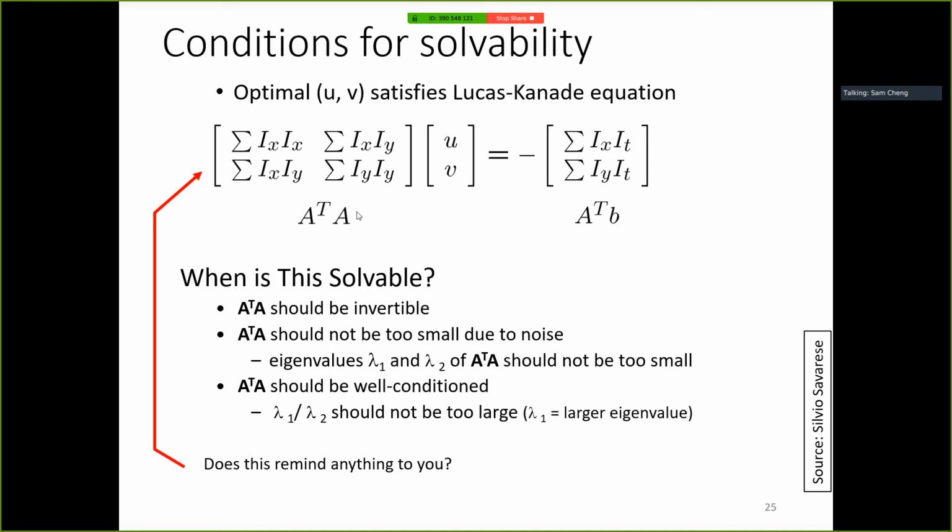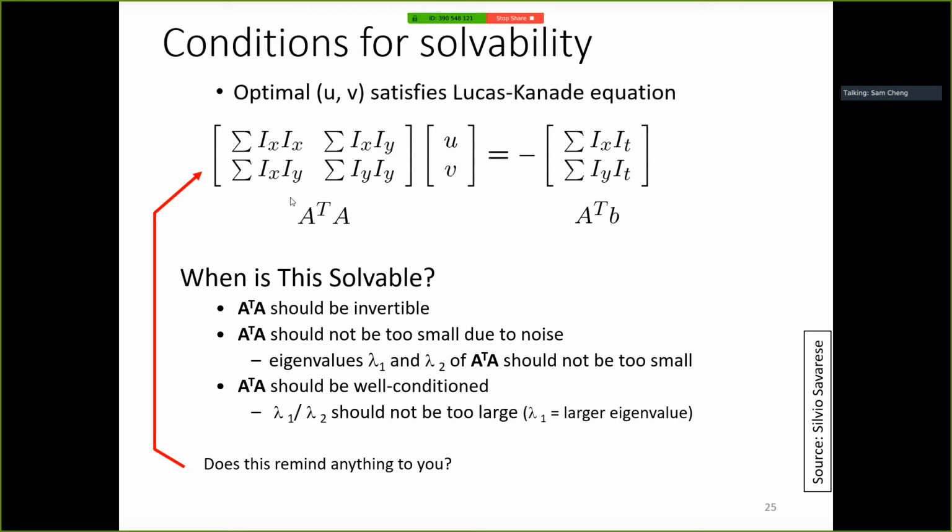And if you think of that, when the eigenvalues of this guy are small, then A transpose A won't be invertible, or it won't be stably invertible, right? If the eigenvalues are small, it's similar to saying this guy is close to 0 in terms of the determinant.